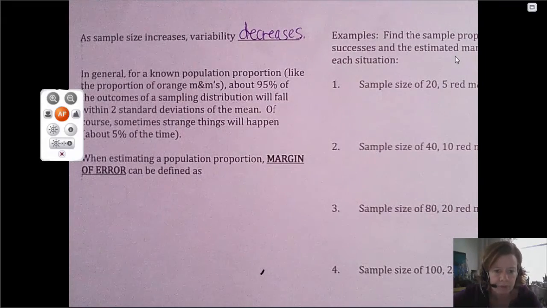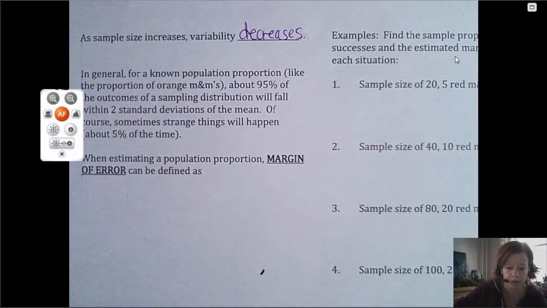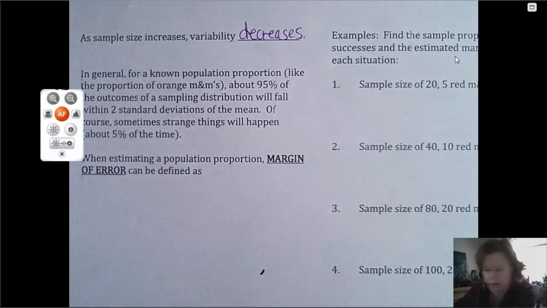When we estimate that population proportion, we have what's called a margin of error. There's going to be times when we don't get it right. And in fact, it's 5% of the time when we're talking about a confidence interval. So the way we define margin of error, a couple different ways, is this.